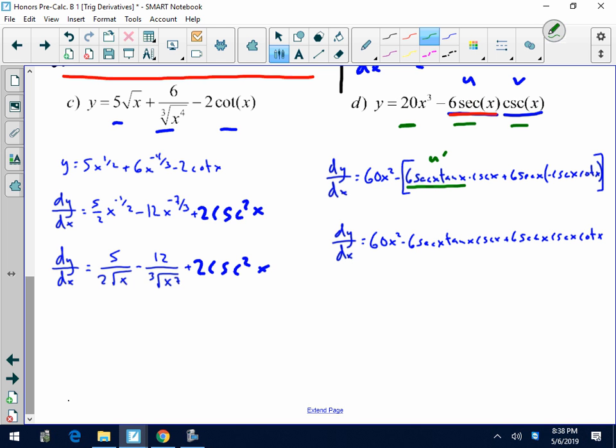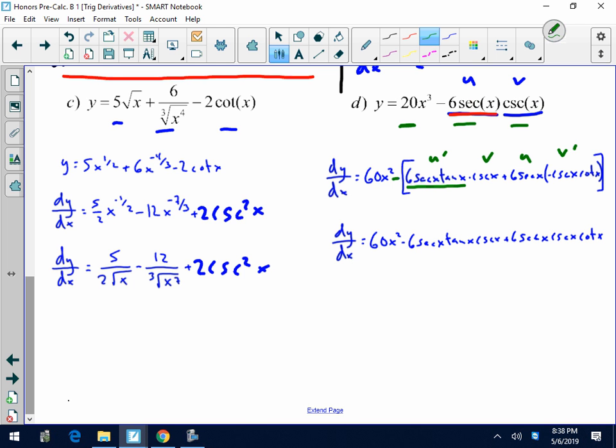And then right here times our v of cosecant x, and then plus our u of 6 secant x times our v prime of negative cosecant x cotan x. And right here, I just sort of multiplied out the positives and negatives and just distributed by -3.